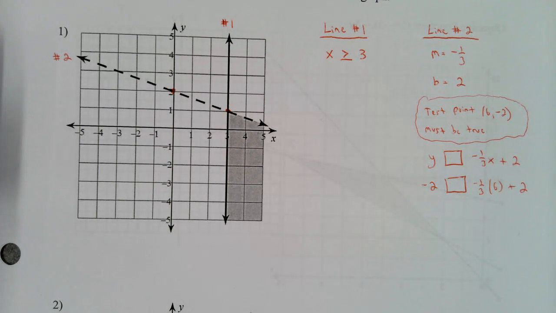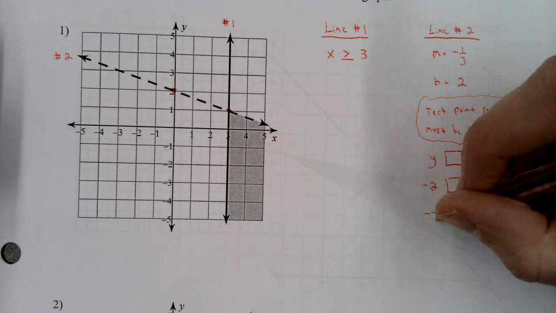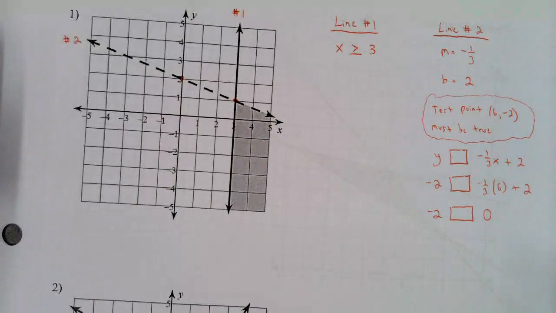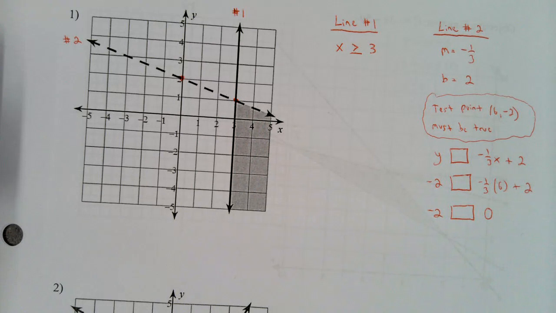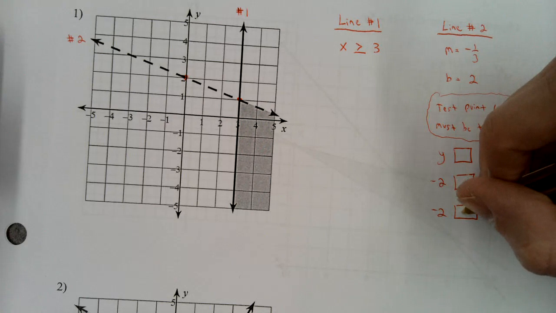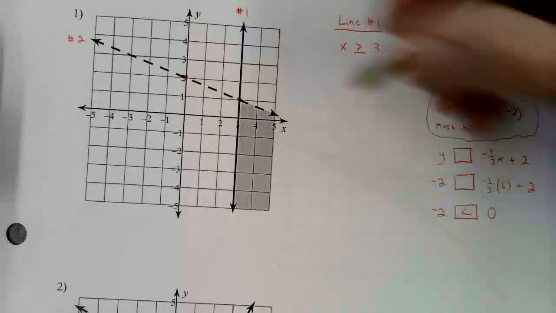It'll give me negative 2. Plus 2 equals 0. If you compare the negative 2 with the 0, 0 is greater. So I'm going to say negative 2 is less than 0. And since it's a dashed line, it's just going to be less than.